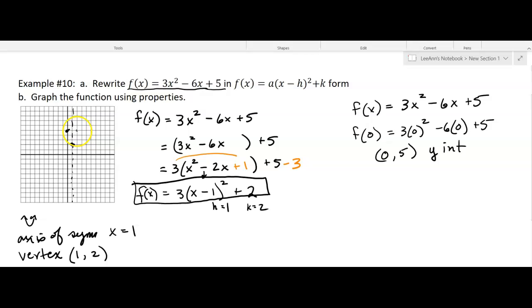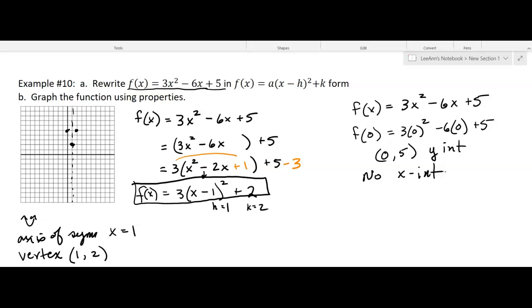Won't let me draw it, but it's right over there. Now, by looking at this graph, we know it's right side up. We know where the vertex is. What can you say about the x-intercepts? No x-intercepts this time. Okay, so I'm not even going to bother with the quadratic formula or anything. I know there's no x-intercepts.